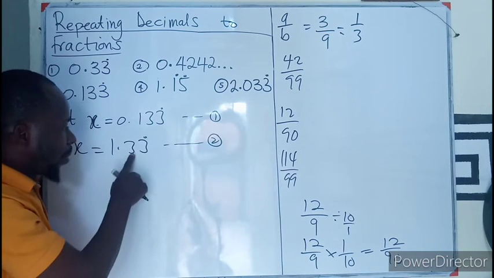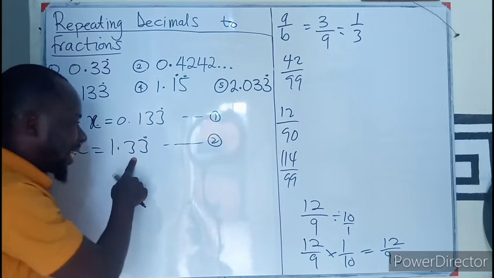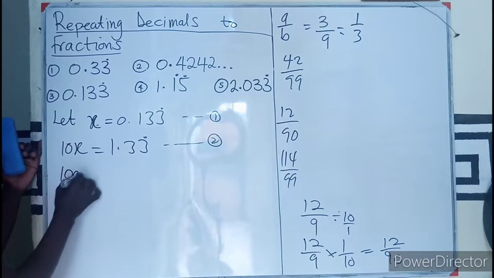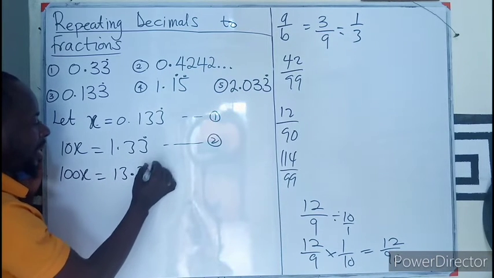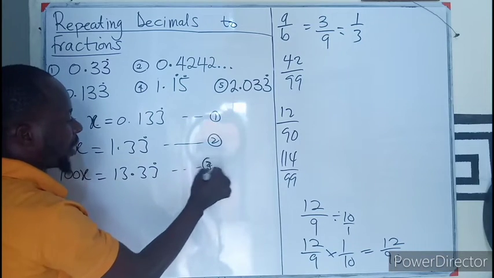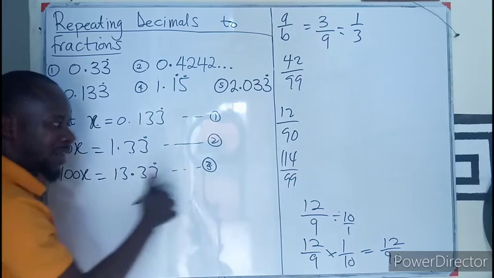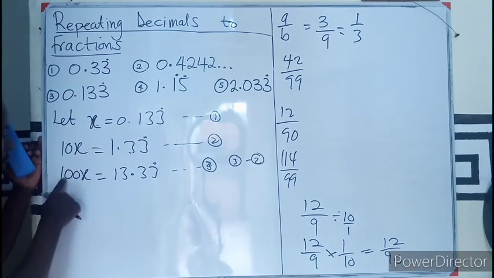No. So I multiply by how many are they? 1. So I multiply by 10. So equation 2 times 10 will give you 100x equals 13.33 recurring, equation 3. The recurring number is part of my whole number. So equation 3 minus equation 2.